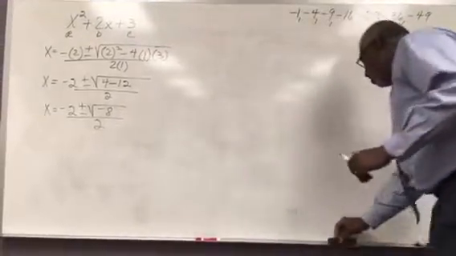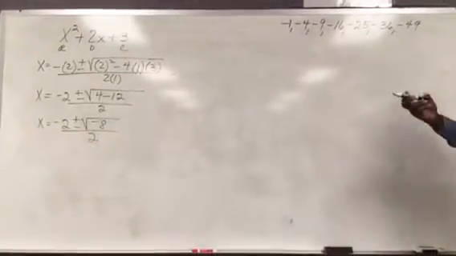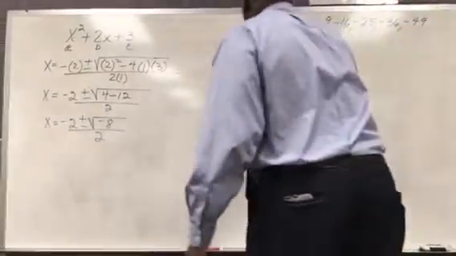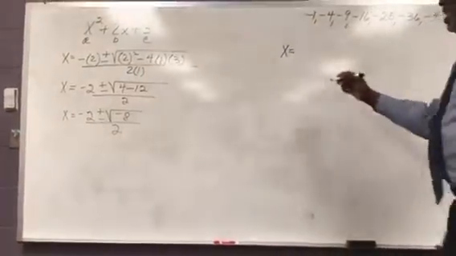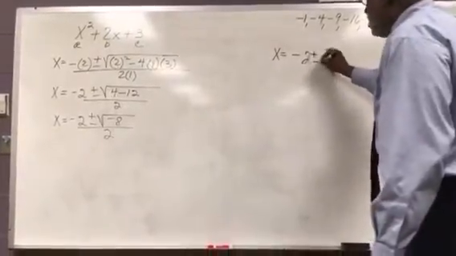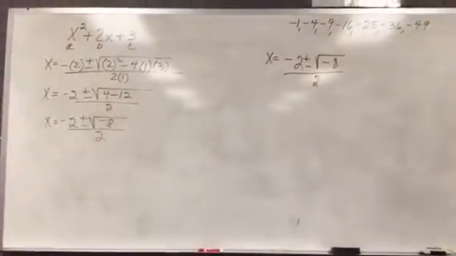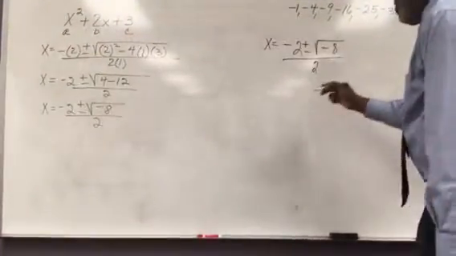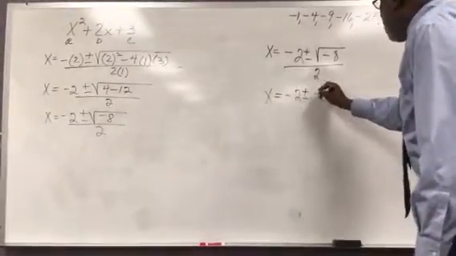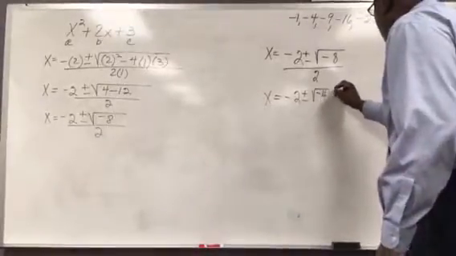Now, I don't have a perfect imaginary square to deal with this -8. So I'm going to have to expand it, break it down. So what I have is x equals, and I'm going to rewrite the bottom part of this problem. So I have -2 plus or minus the square root of -8 divided by 2. So first step is I'm going to have to break down the -8. So that's going to be x equals -2 plus or minus, use my perfect square, -4, times the square root of 2.